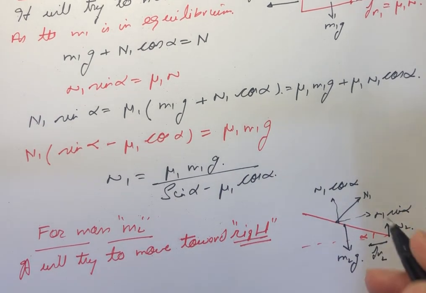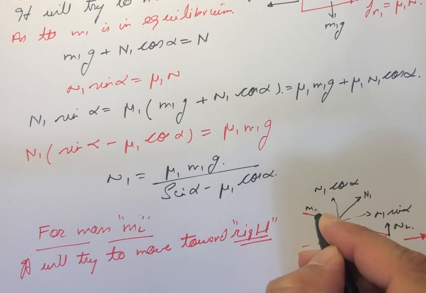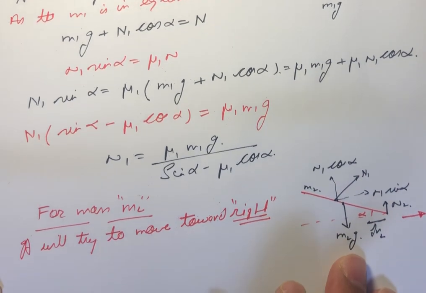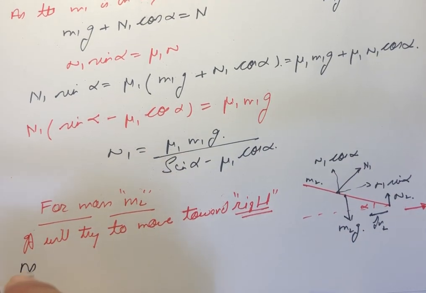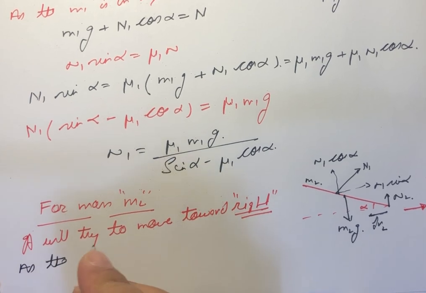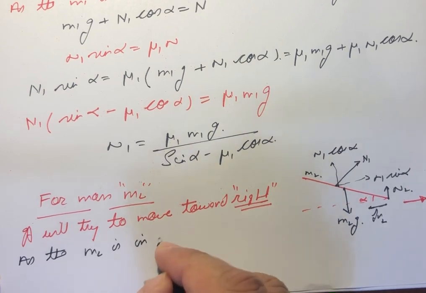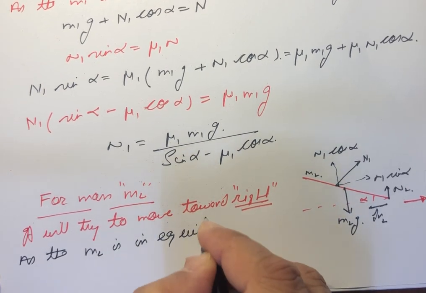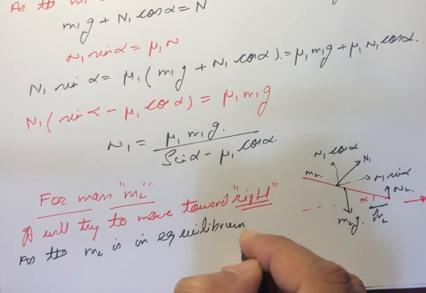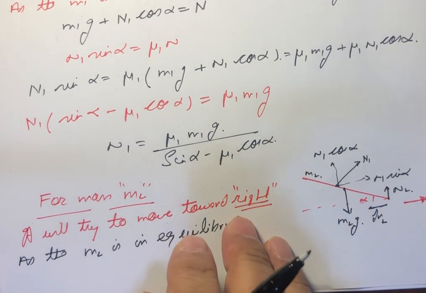And once again, the rod is in equilibrium. So as m2 is in equilibrium, we can write various equations.